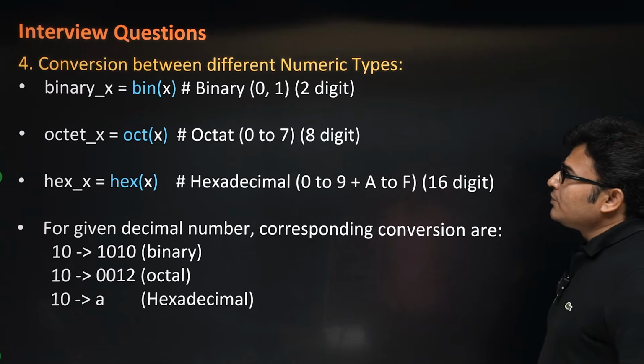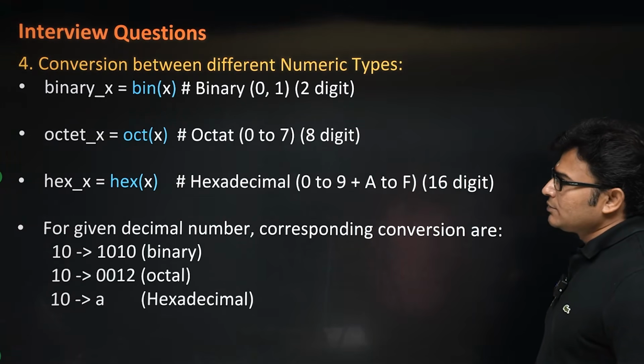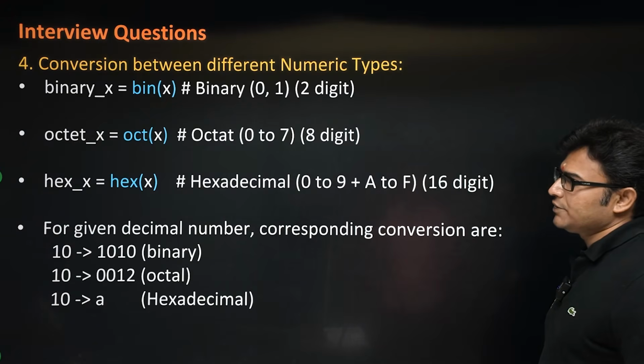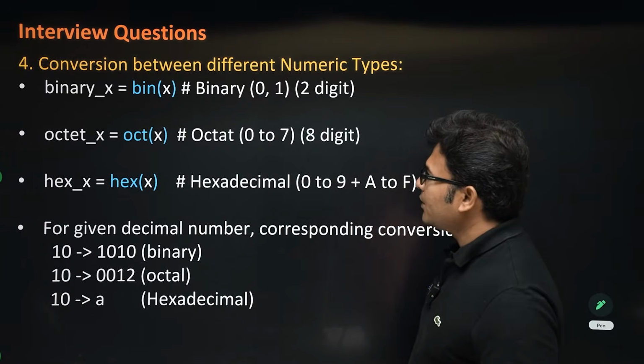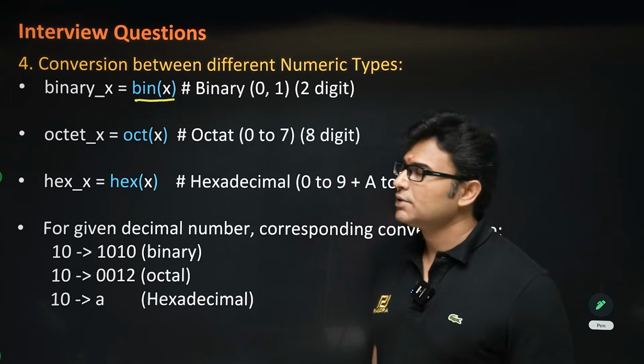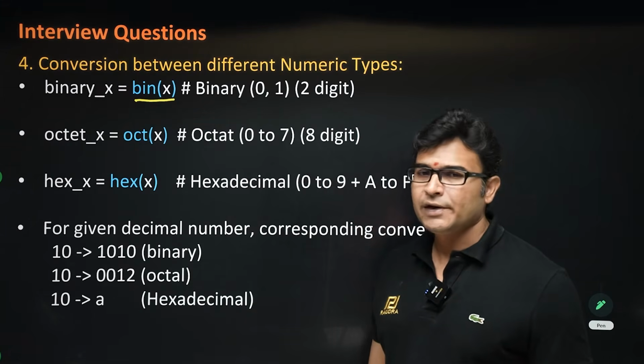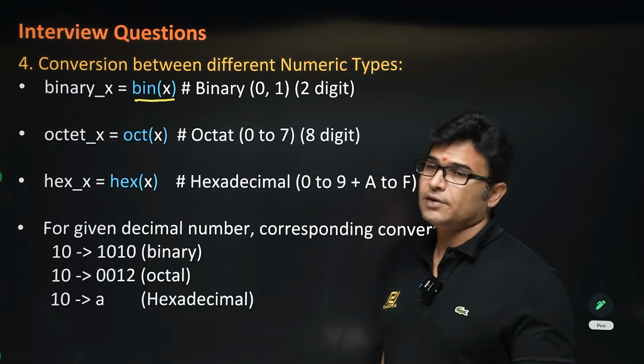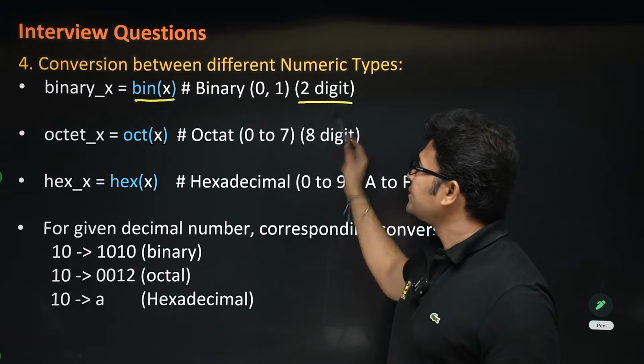Now conversion between different numerical types can also happen by using these functions, right? For example, you can convert a number to binary by using bin of x. What is a binary number? You know that, right? There are only two symbols, 0 and 1, only 2 digits.